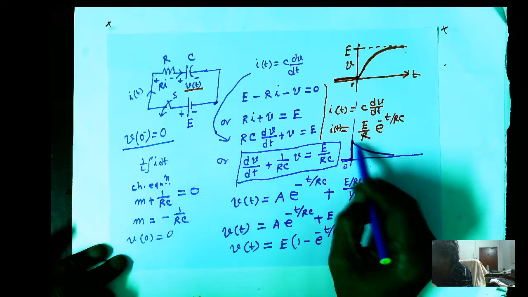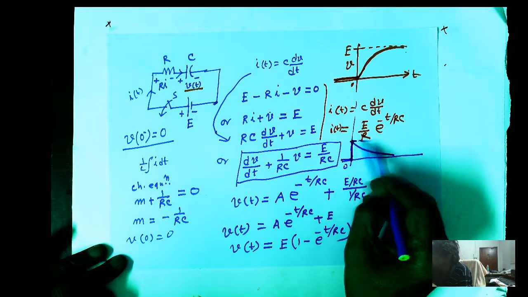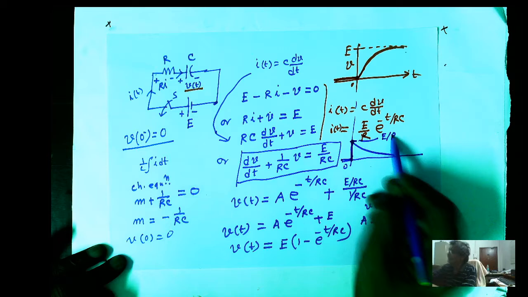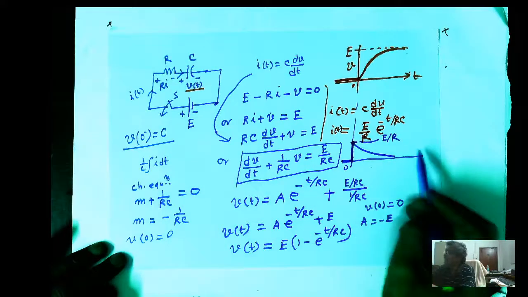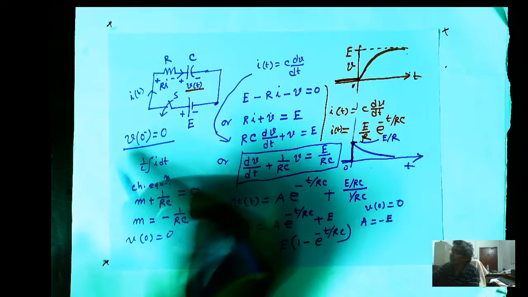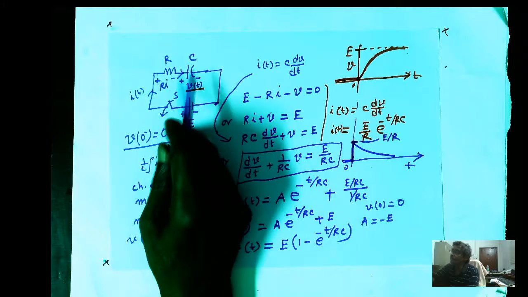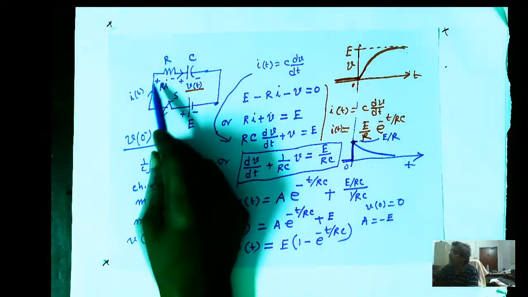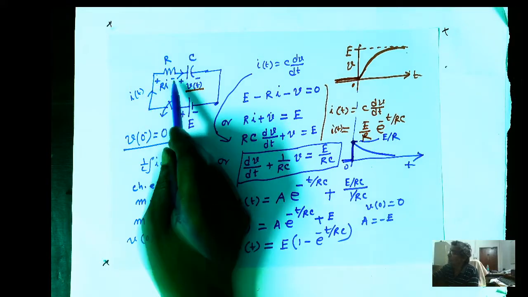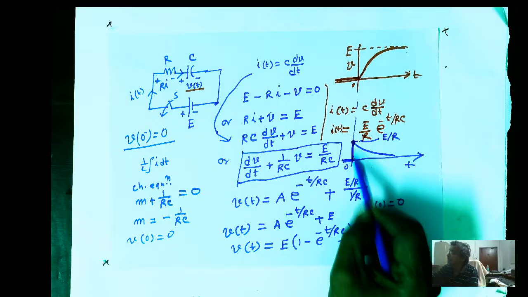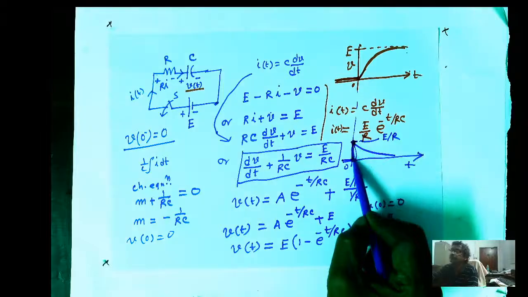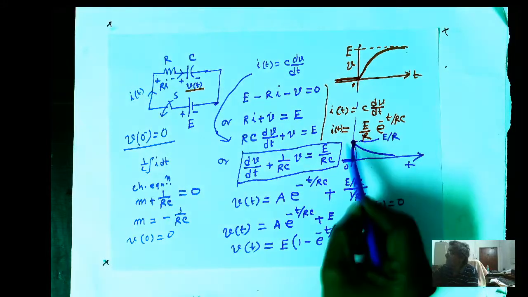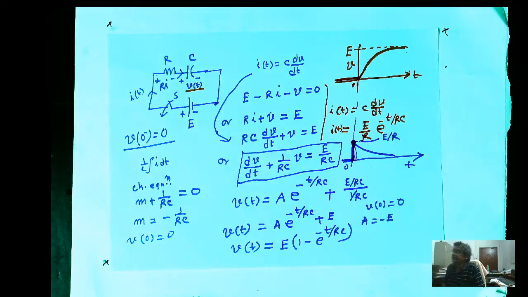The value it will go up to is E by R. I can verify that, because at t equal to 0 plus, voltage across the capacitor plate is 0. Therefore, all the voltage E is appearing across R. Therefore, at t equal to 0 plus, it has to be this, and then it exponentially decays to 0.